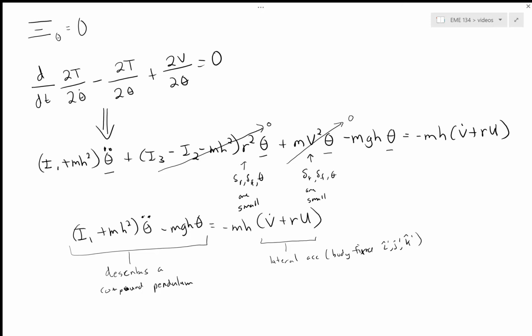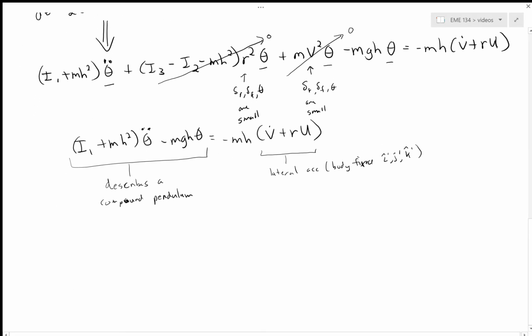All right. If we plug in our expressions for V and R, then we can write this equation like so.